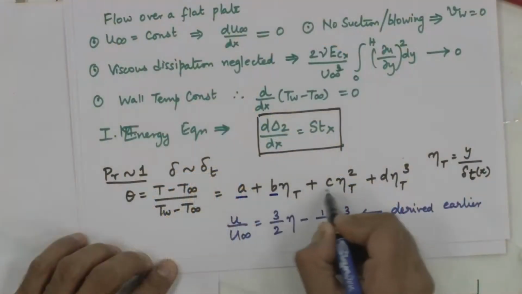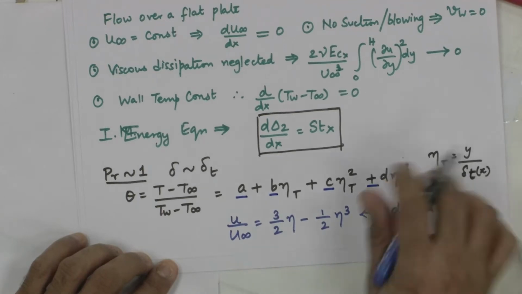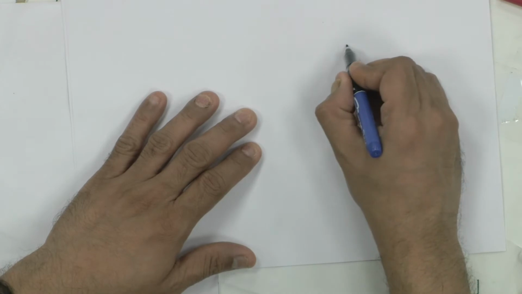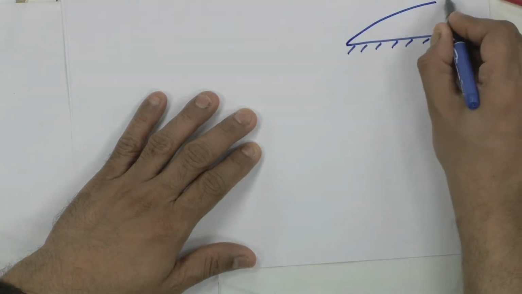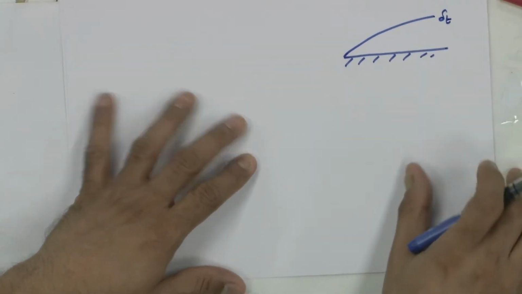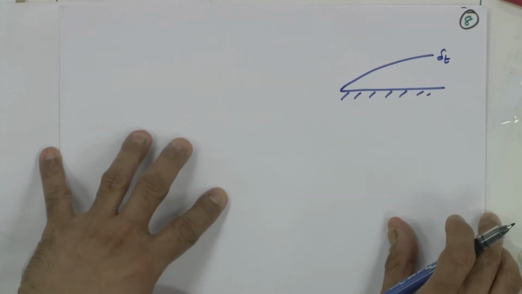So, this is my non-dimensional temperature distribution, and if this is the non-dimensional temperature profile, I need 4 boundary conditions to evaluate the 4 coefficients A, B, C and D. So, what are the boundary conditions? Let us now consider the following. This could be delta or delta t, does not matter.